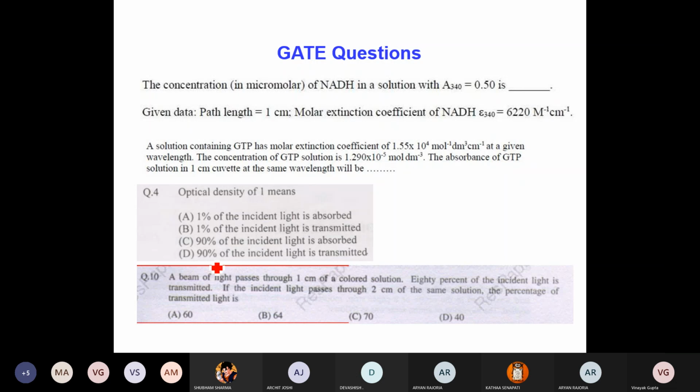Sir, 80.3 I'm getting for the first one. Yes, 80.3 micromolar. Yes, that is the right answer.